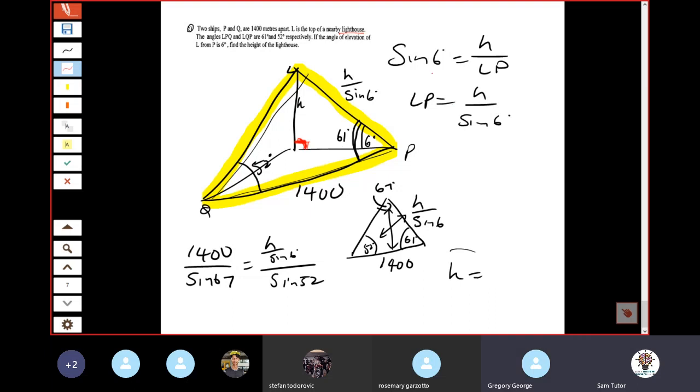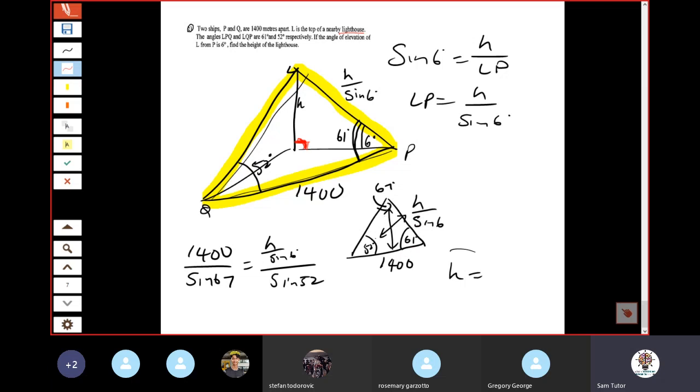Back to it. Sine 6 degrees equals H on LP. Then we worked out what this length here is. Once I know what length that is, I don't actually need this length, and the reason why I don't need that length is because to do sine rule, I need just 2 sides and 2 angles.